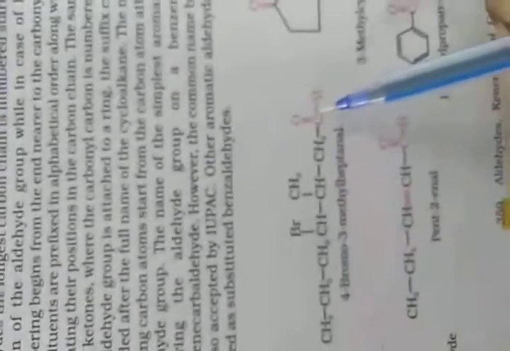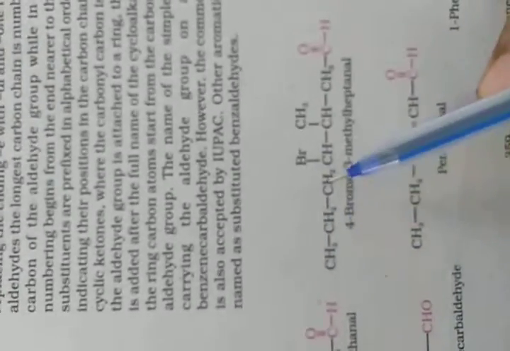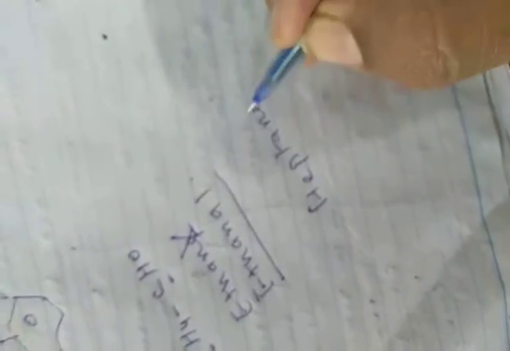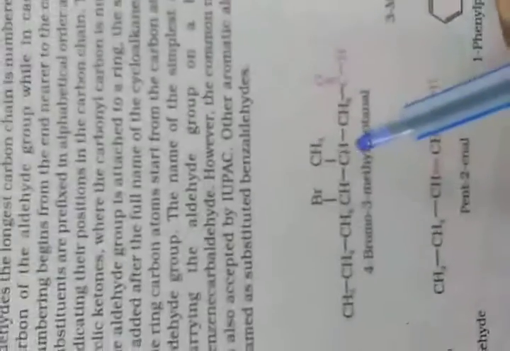This one is the aldehyde group. Count the numbers 1, 2, 3, 4, 5, 6, and we are counting this also, 1, 2, 3, 4, 5, 6, 7. So heptane, E is turned to heptanal. And you have to see the groups.